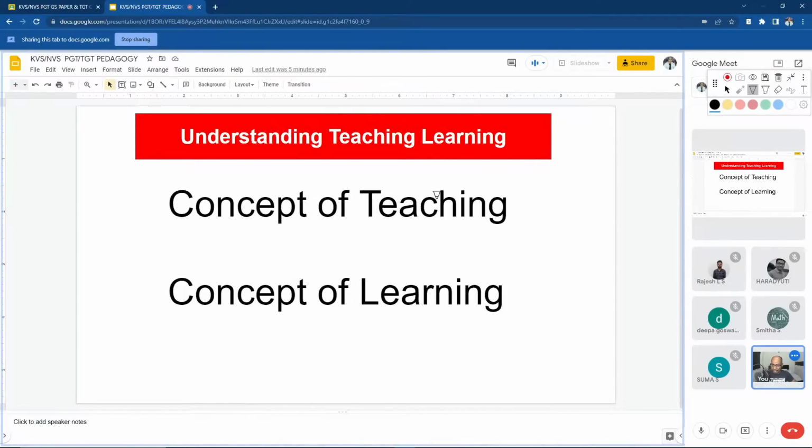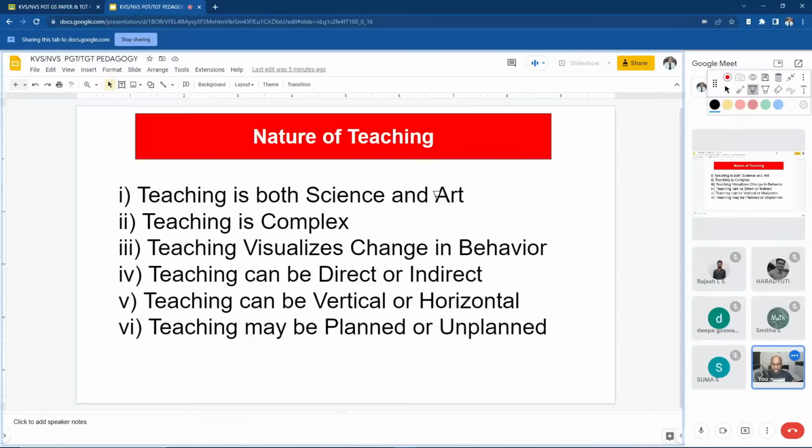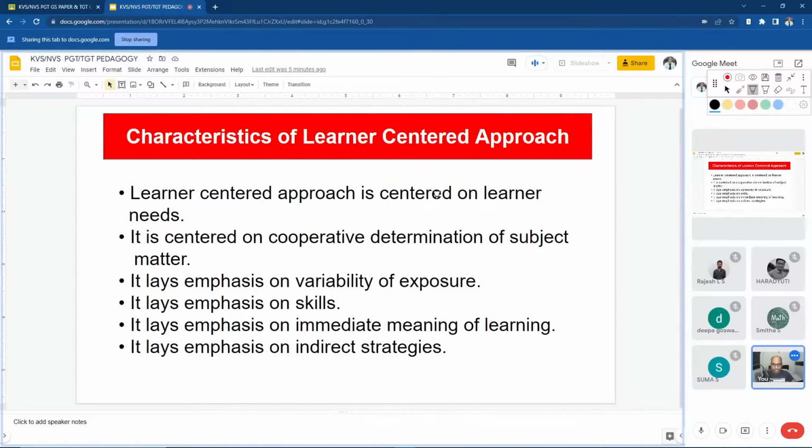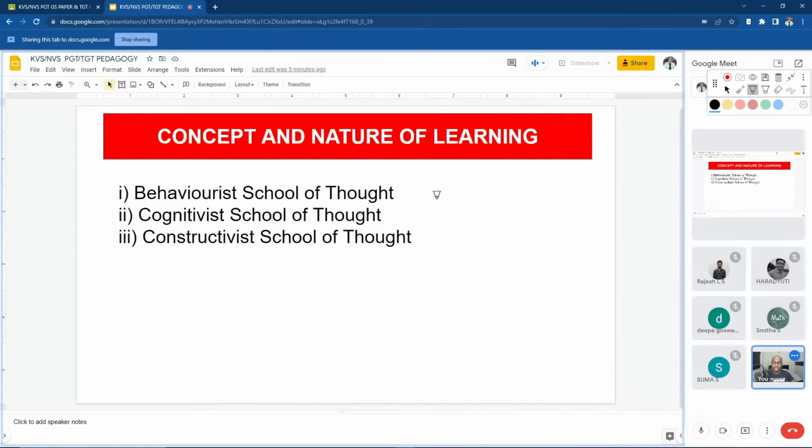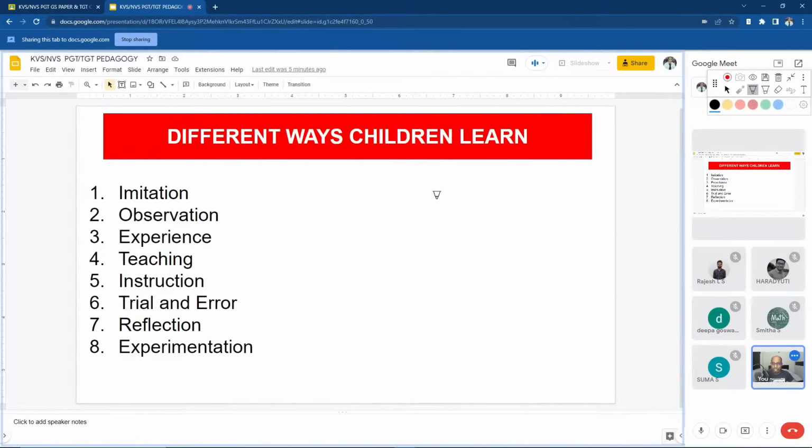Yesterday we understood the difference between the concept of teaching, the concept of learning, the nature of teaching, characteristics of the learner-centered approach, and the concept and nature of learning. Then the different ways children learn: through imitation, observation, experience, instruction, trial and error, reflection, and experimentation.